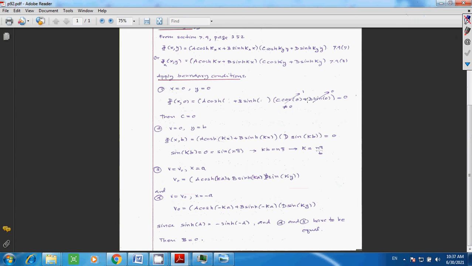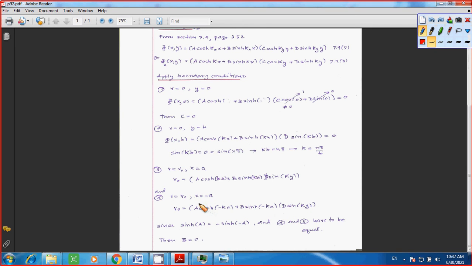Let's move to the third boundary condition. At x equal to a, you have potential V0. So you represent phi(a,y) equal to V0. X equal to a, and you just leave y as it is. So your V0 equals this term.